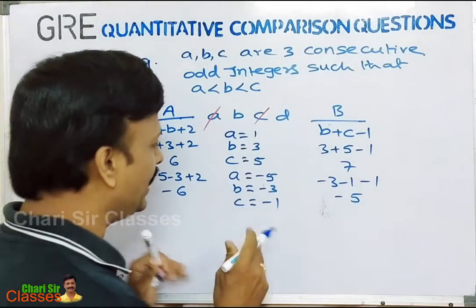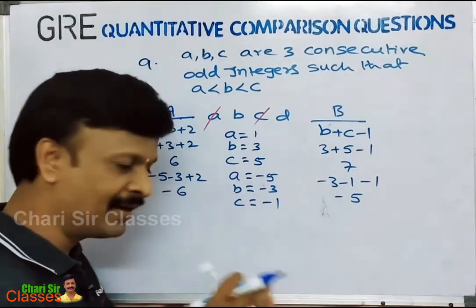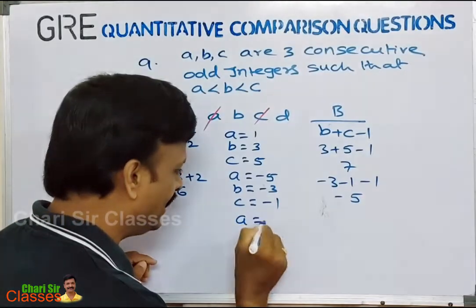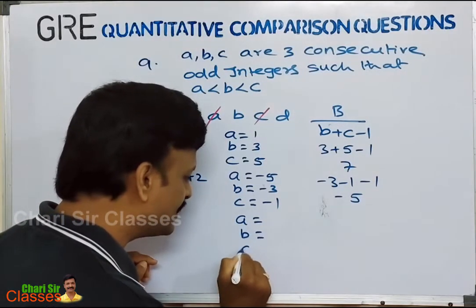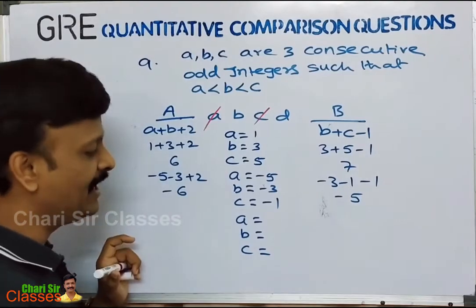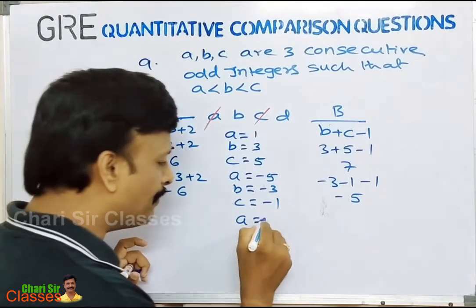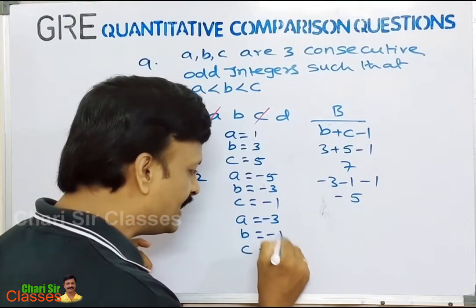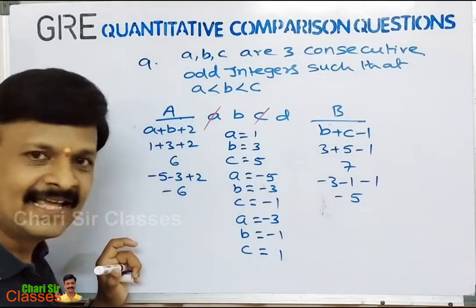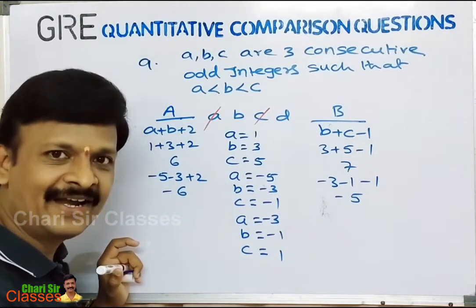Let's also try negatives and positives combined. We'll try all the cases. A, B, C, the consecutive odd integers means we can go with minus 3, minus 1 and 1. These are the three consecutive odd integers.